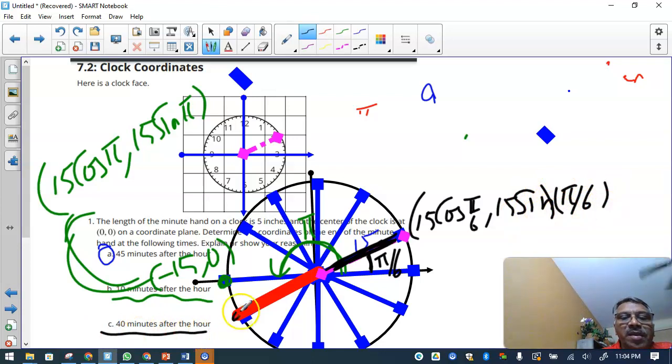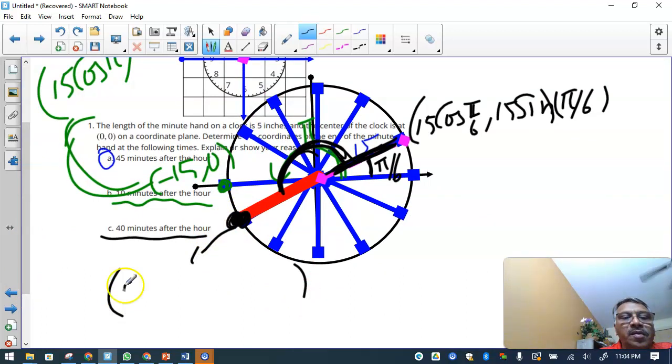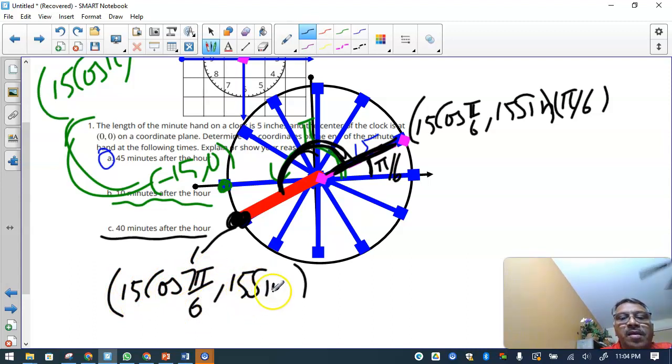And if it is 40 minutes, this point is 7 pi by 6. This is 7 pi by 6. There you're going to write 15 cosine of 7 pi by 6 and 15 sine of 7 pi by 6.